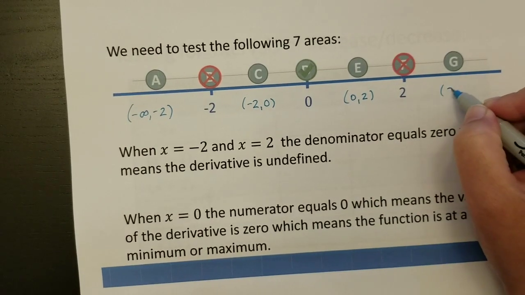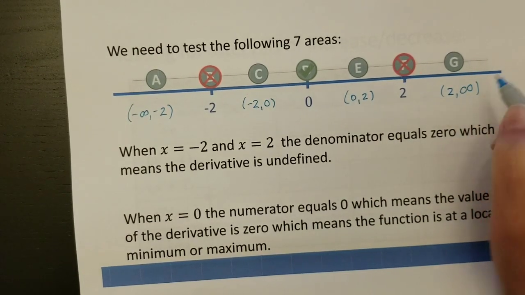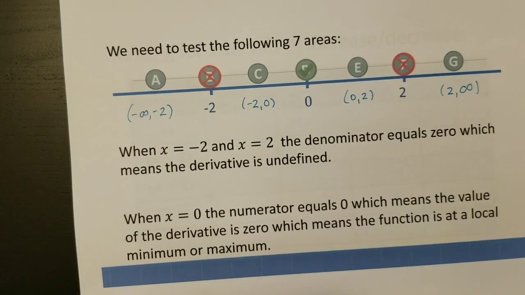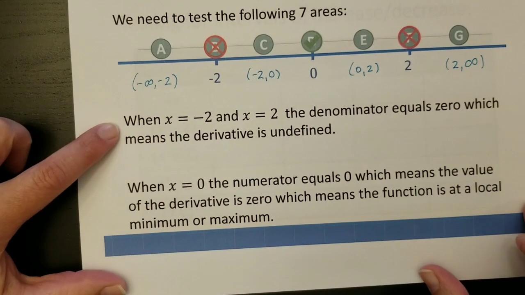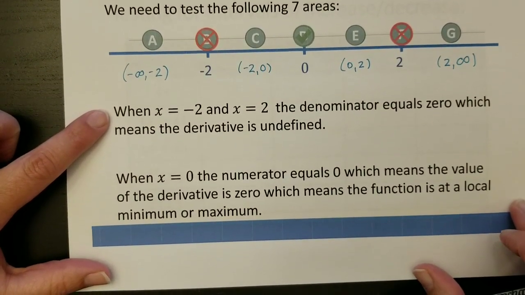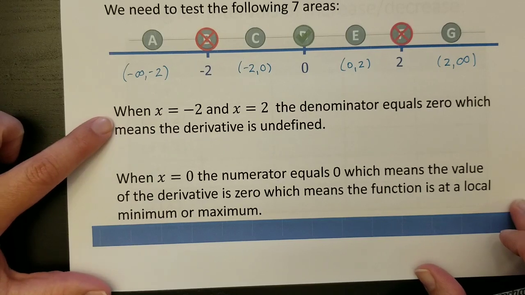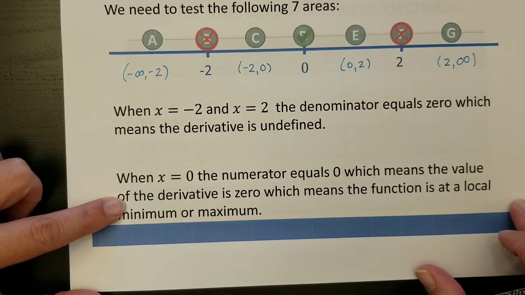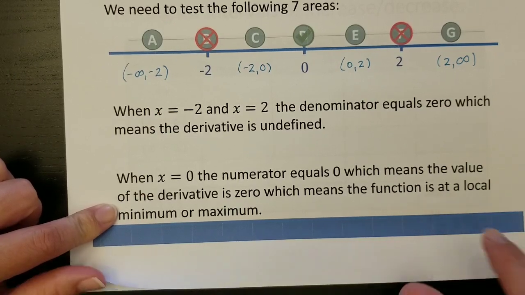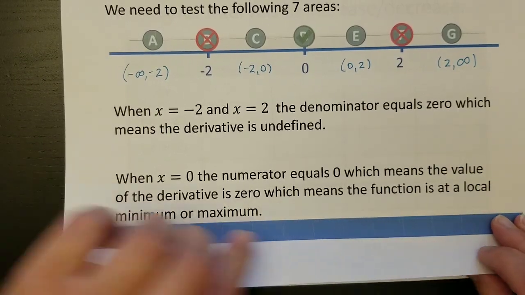And the final interval is between 2 and infinity, so everything greater than +2. Just summarizing, we have points where the denominator is 0, which means the derivative is undefined, or the numerator equals 0, which means that the derivative is 0, meaning the function could be a local maximum or minimum.